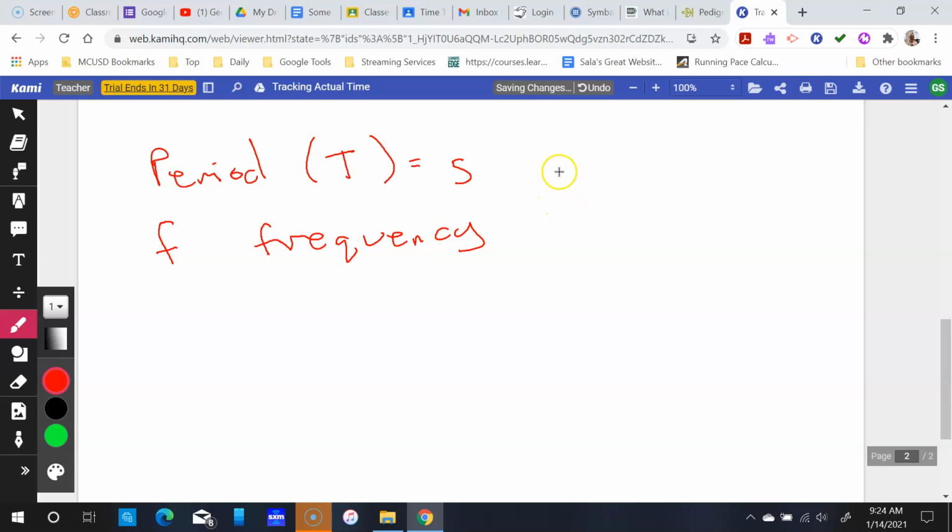And that unit is going to be in hertz. And you just use capital H and little z as the unit for that when you're referring to frequency in hertz.